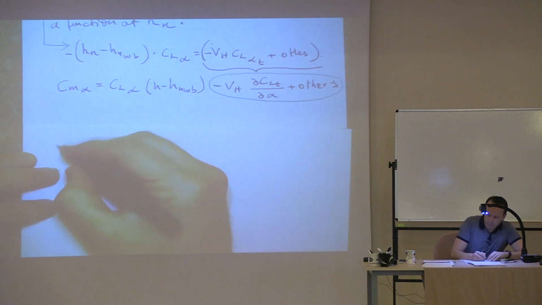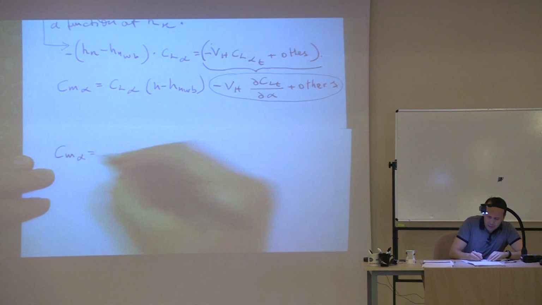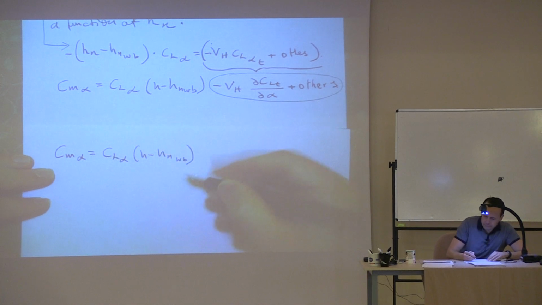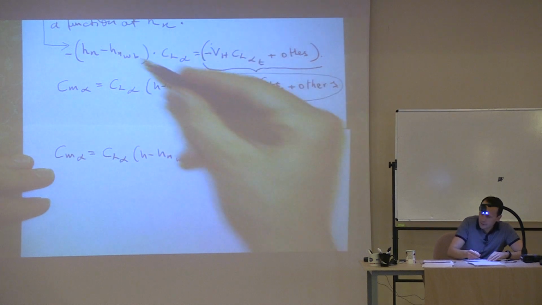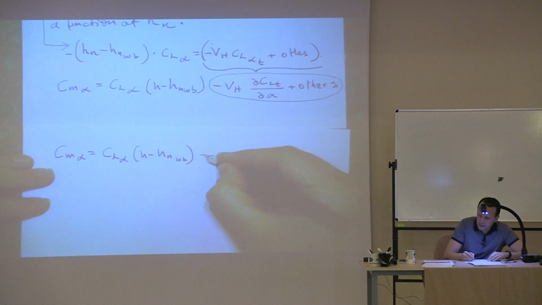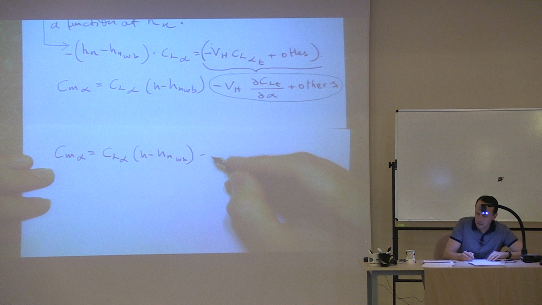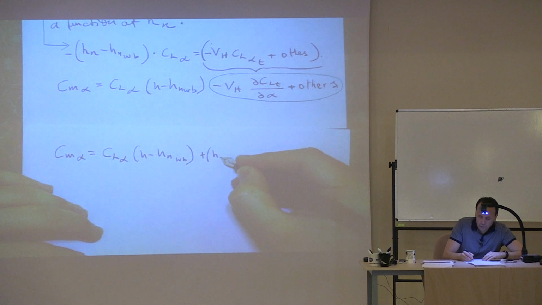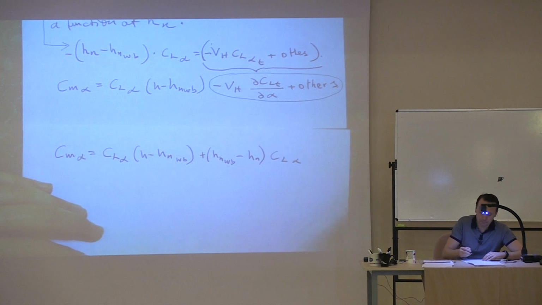Almost there, okay? It will be Cm alpha is equal to Cl alpha, H minus Hn wing body, okay? Times that thing, right? Or let's say plus Hn wing body minus Hn times Cl alpha.